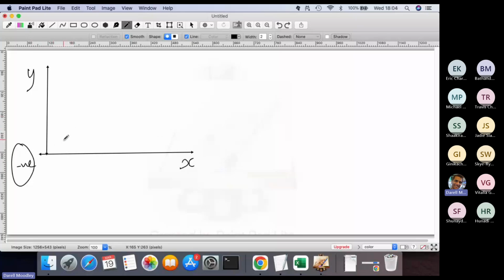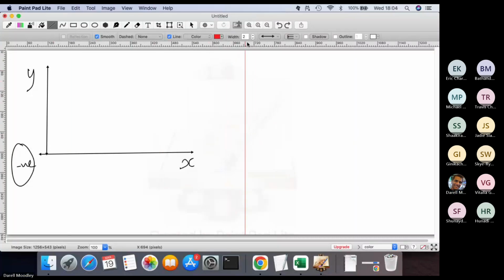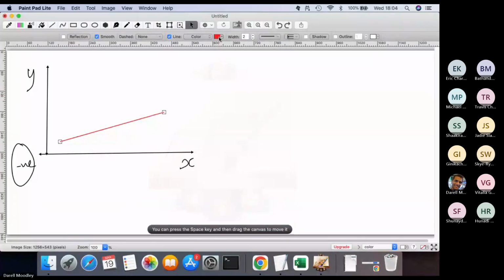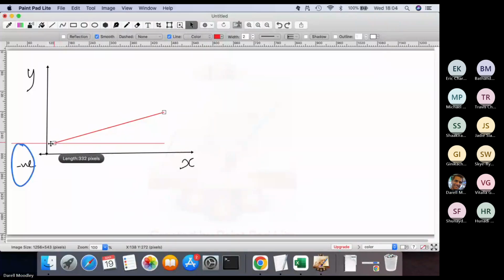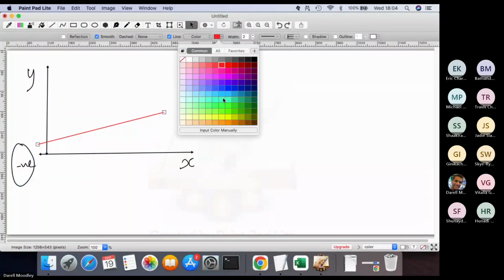All right, so we have one line. I'm going to use two different colors here to distinguish the lines. So we have a red line, and I'm going to draw it like this, and then we have another line. Wait, sorry, let me go back. Then we have another line, green.